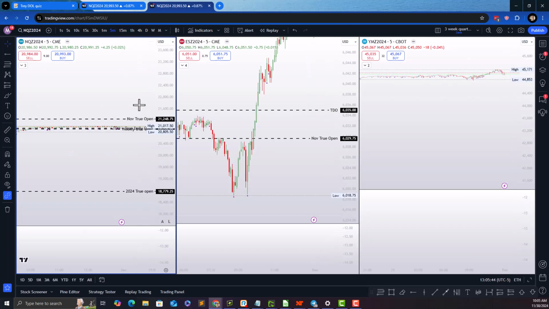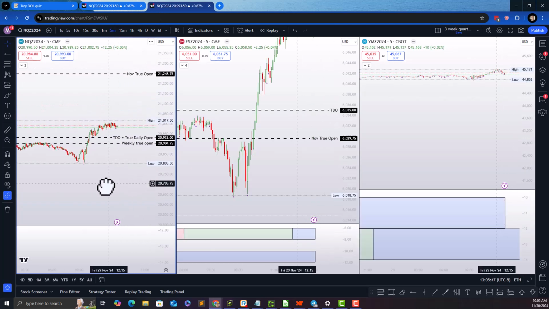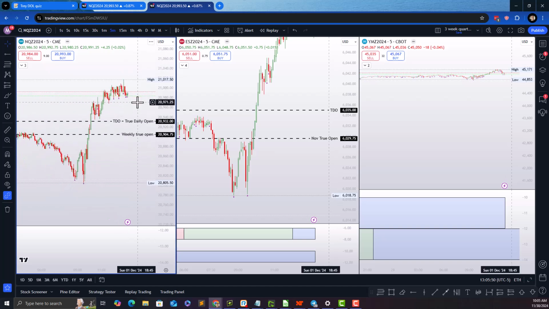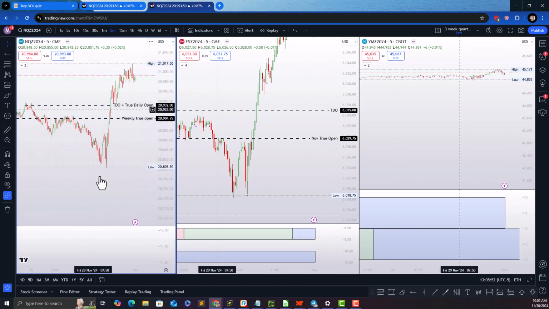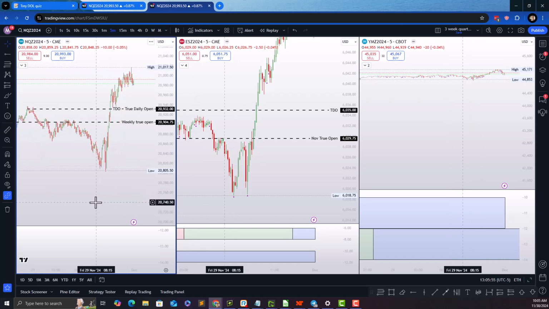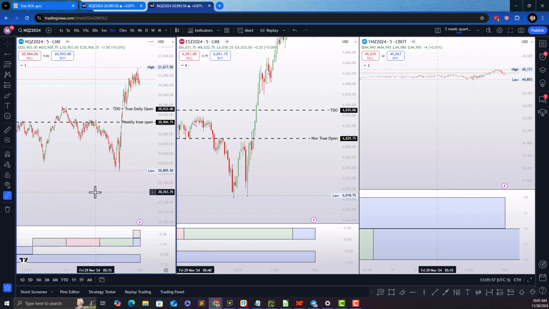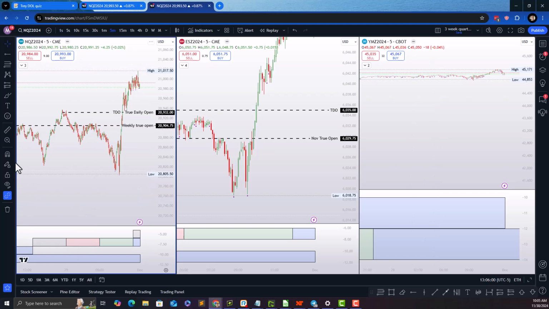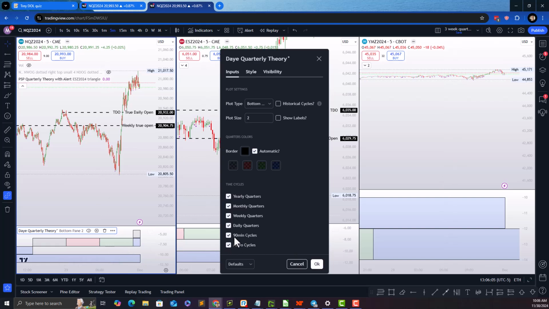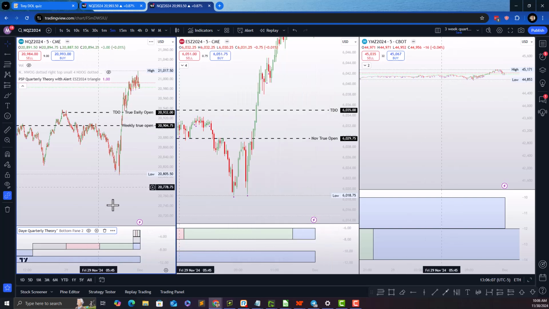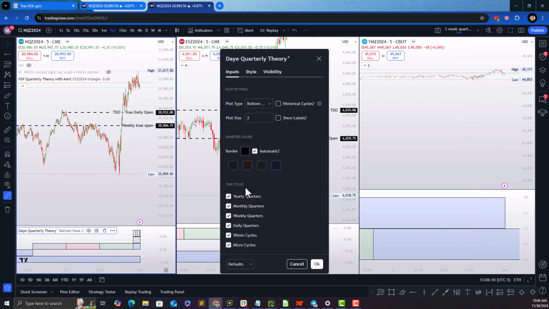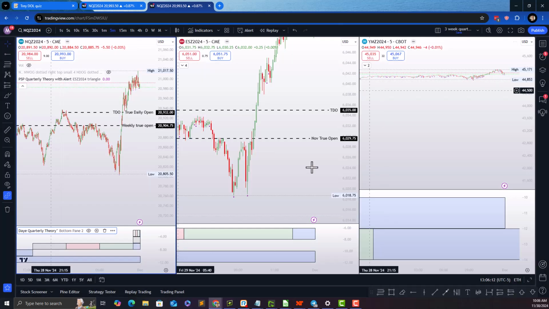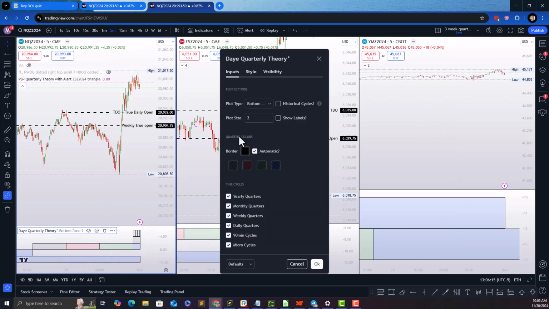Now we're up here in November, and I'm going to show you how to mark the true opens for each individual session. Each individual session lasts 6 hours. If you break that down, that's 4 different 90-minute quarters. So the beginning of the second 90-minute would be the true open for each session. So Asia session will have a true open, London session will have a true open, and the New York session will have a true open.